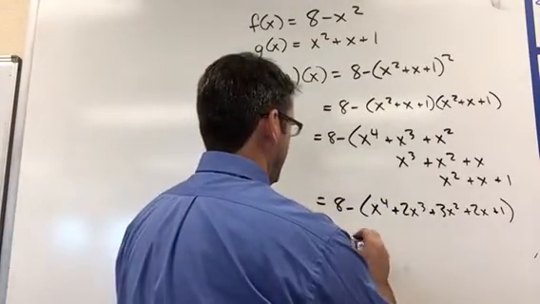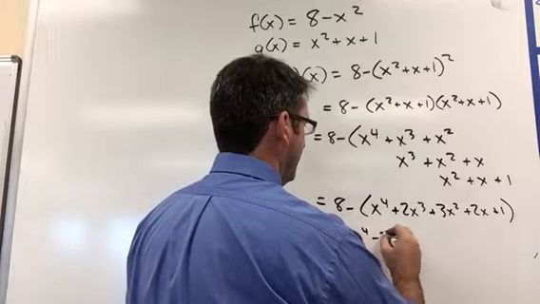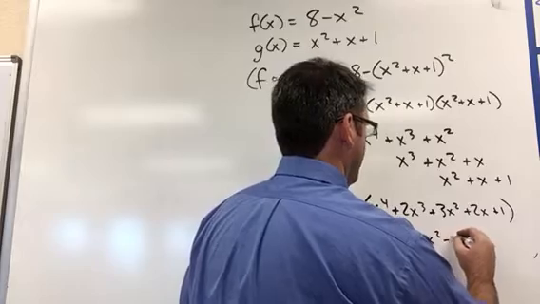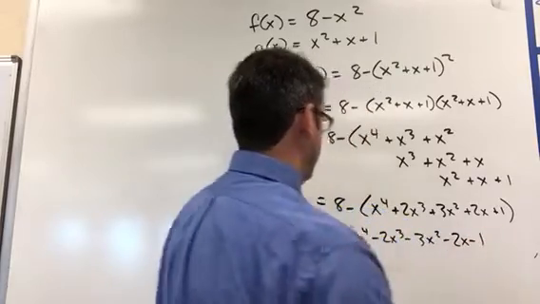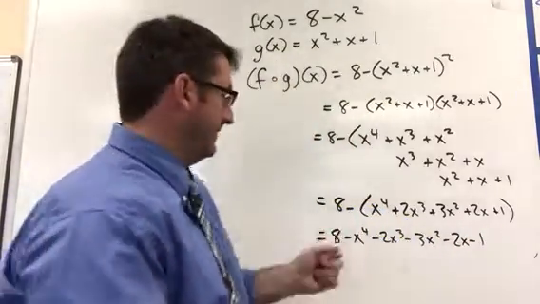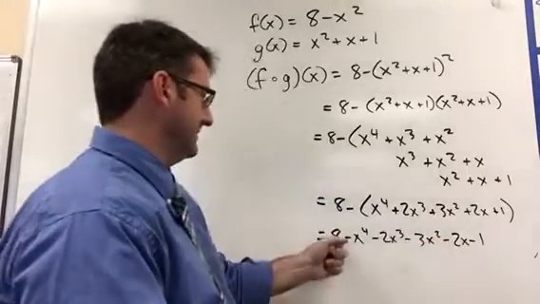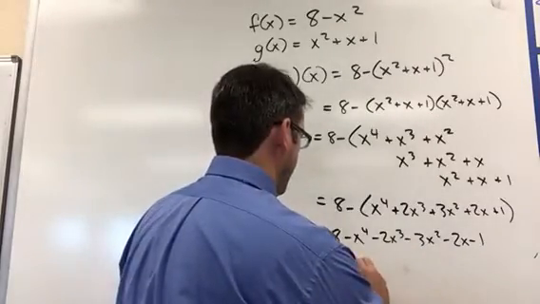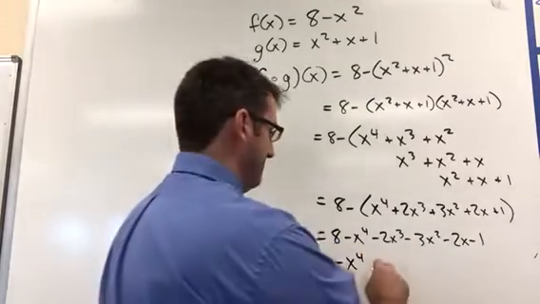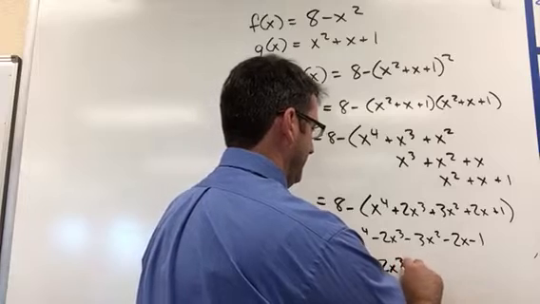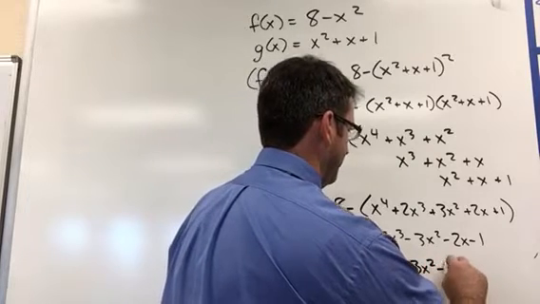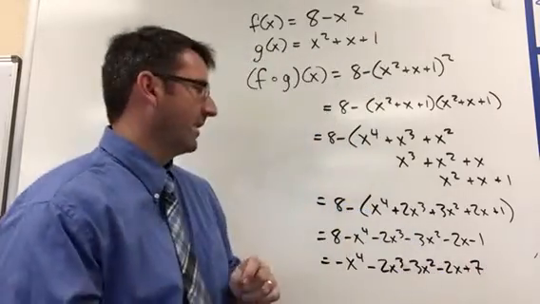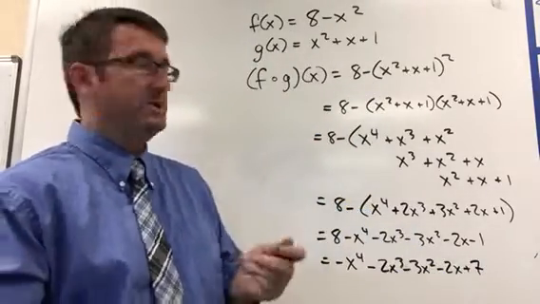So we get 8 minus x to the 4th minus 2x to the 3rd minus 3x squared minus 2x minus 1. And then finally we can combine our two constant terms. 8 minus 1 is 7. So this is negative x to the 4th minus 2x to the 3rd minus 3x squared minus 2x plus 7. So that's f of g.